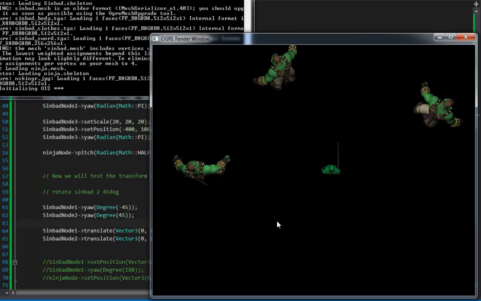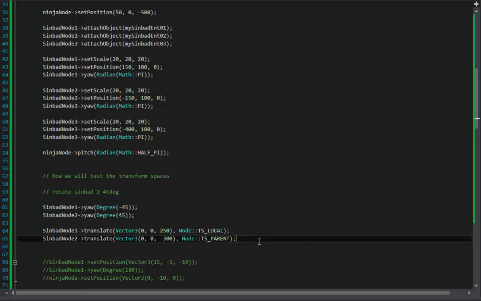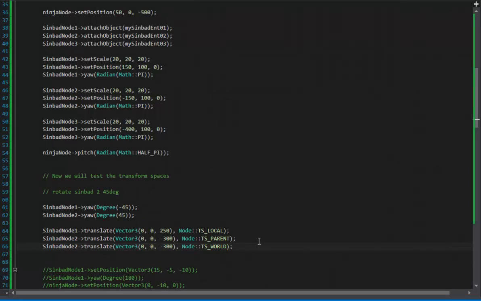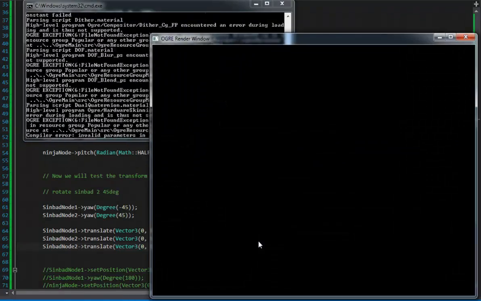So let's make the third Sinbad, which is the leftmost one, go by about, again, 300 units. But this time, let's make it world. At this time, I'm going to translate my Sinbad negative 300 units, but this time not with the z-axis of the Sinbad itself or the z-axis of its parent, but rather with the actual global z-axis of the world.